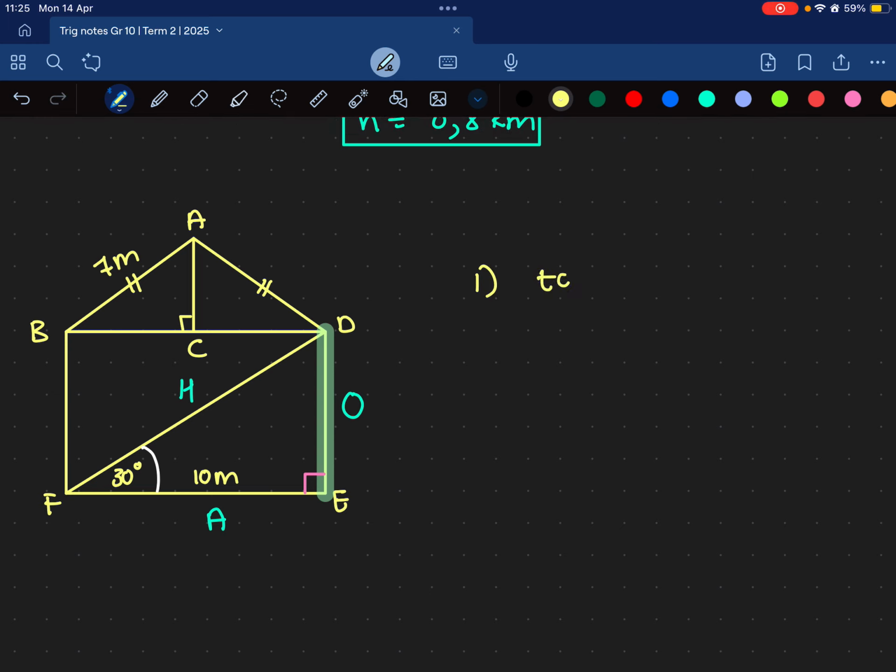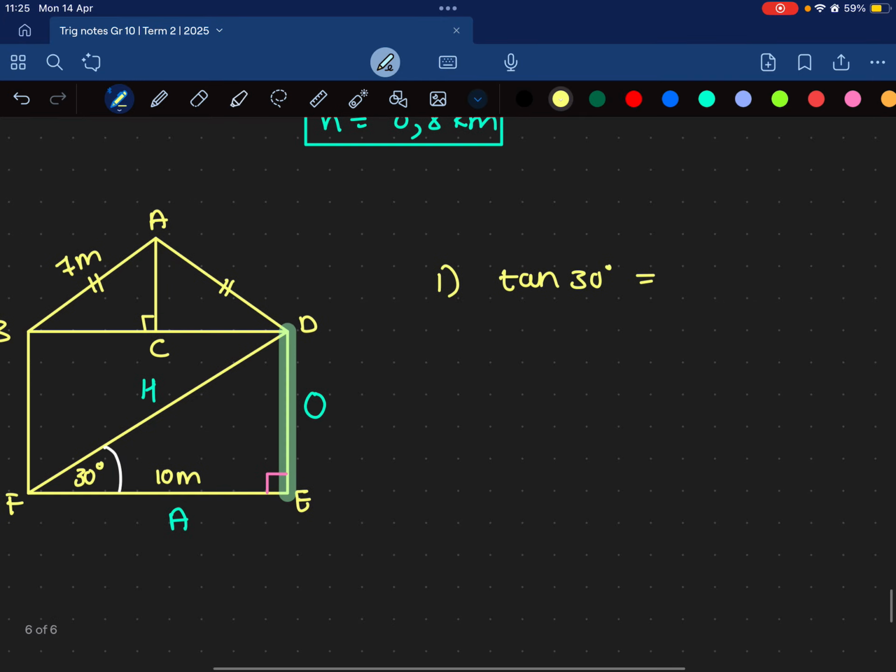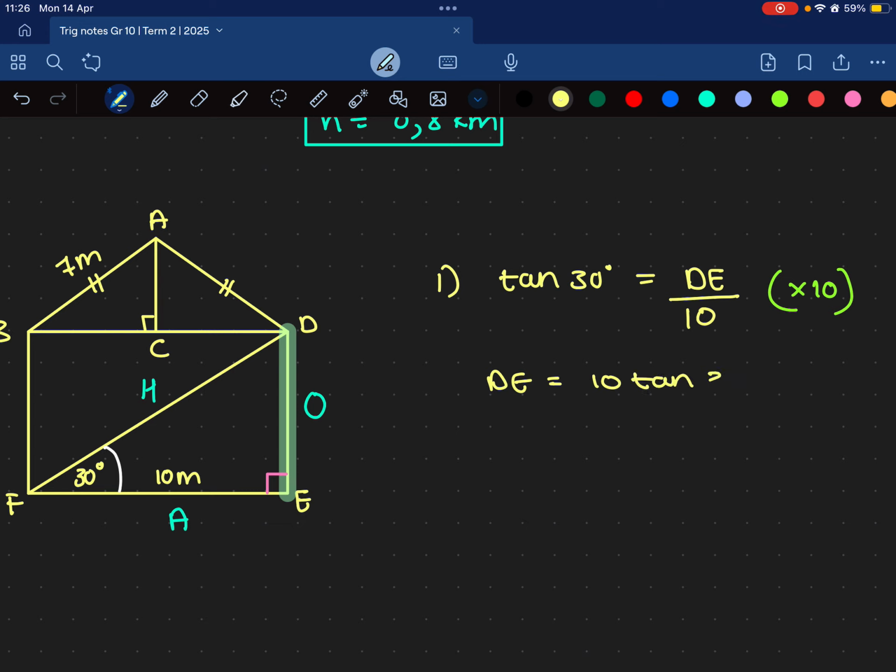So tan of 30 degrees is equal to opposite, which is what they want us to find, over adjacent, which is 10. Multiply both sides by 10, and you will have DE is equal to 10 tan of 30 degrees.